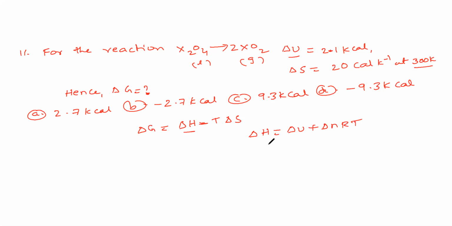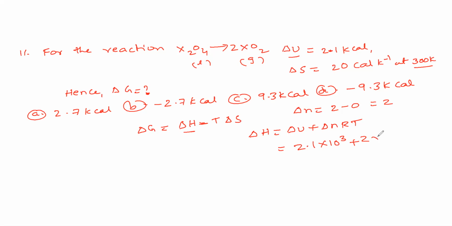So delta H is equal to delta U, which is given as 2.1 kilocalories, that is 2.1 times 10 to the power of 3 calories, plus delta n times RT. Delta n is 2 minus 0 because it is liquid, so it is equal to 2, products minus reactants.